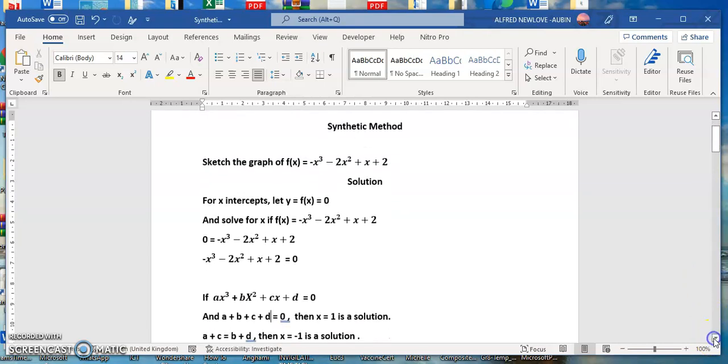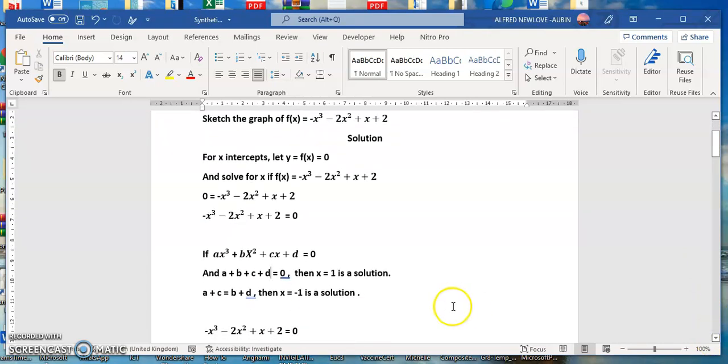The principle says that if you have a cubic function ax cubed plus bx squared plus cx plus d equal to 0, then if a plus b plus c plus d is equal to 0, then x is equal to 1.